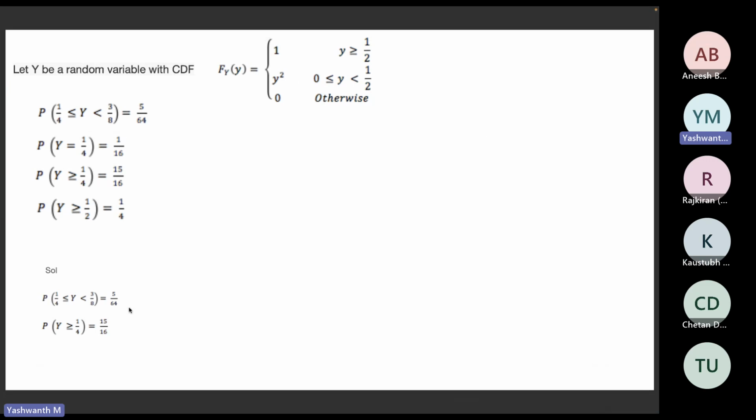And let's see what this is: probability Y greater than or equal to 1 by 4, right?